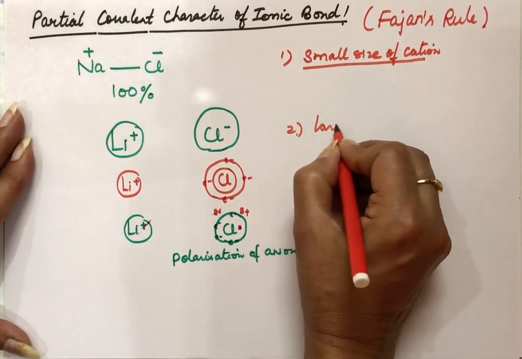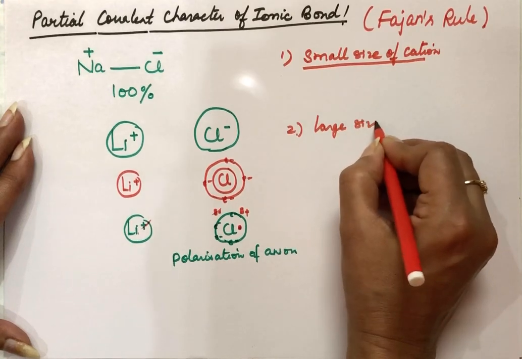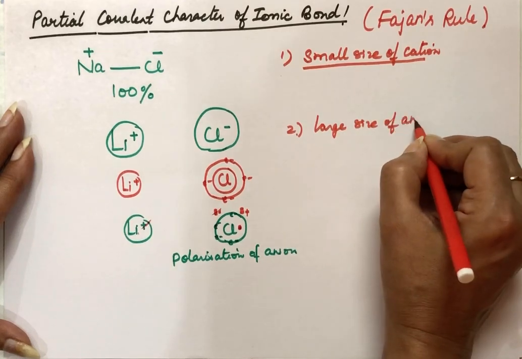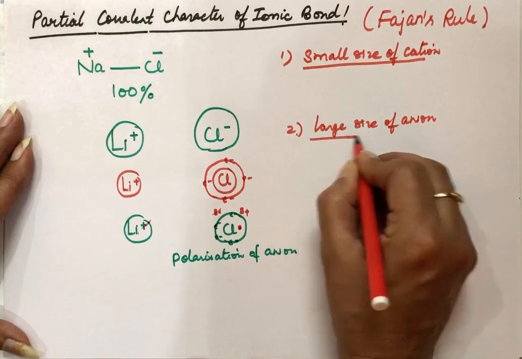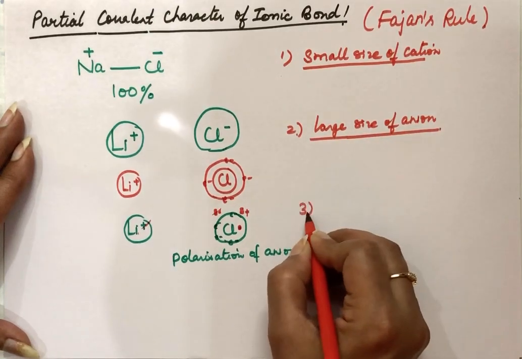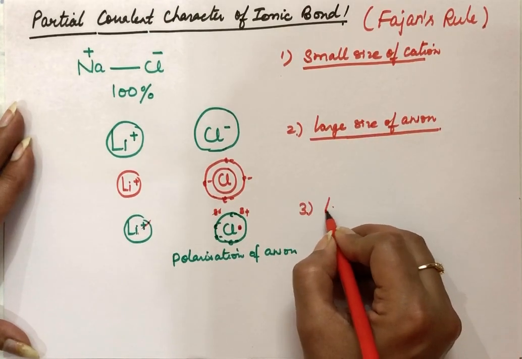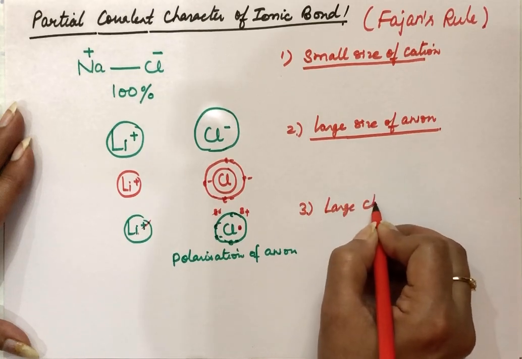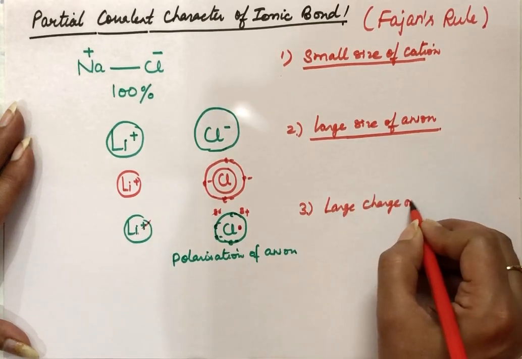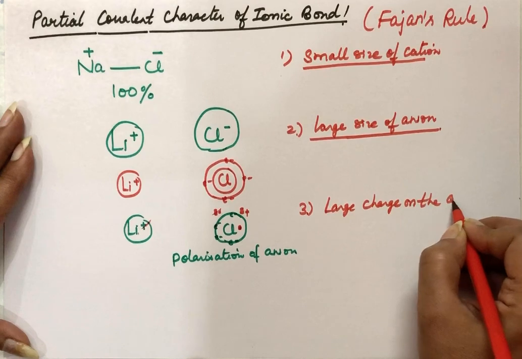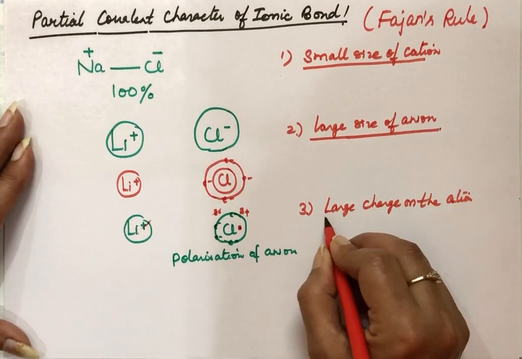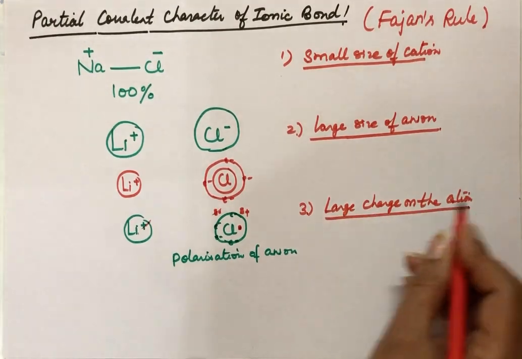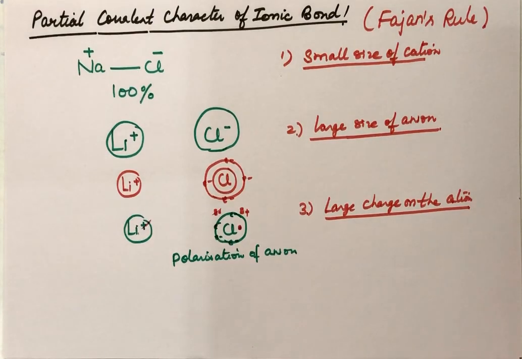Second factor is large size of anion. If it is there, it will favor the formation of covalent bond. Next is the large charge on the cation, or more charge on the cation. These three factors will explain the covalent character of ionic bonds.